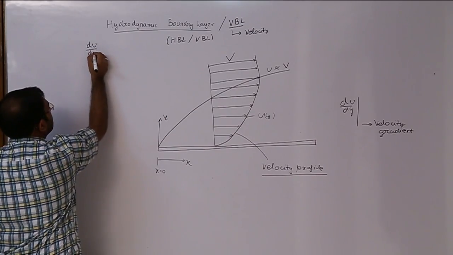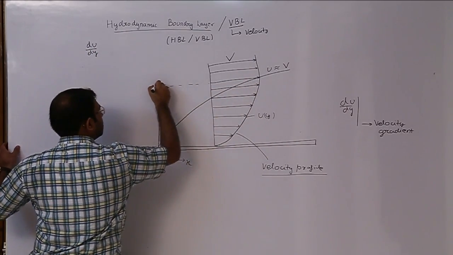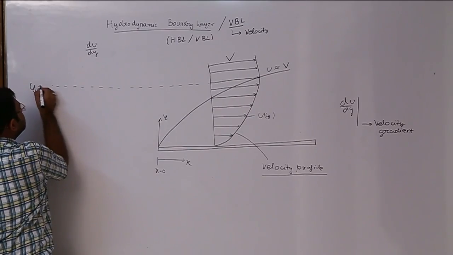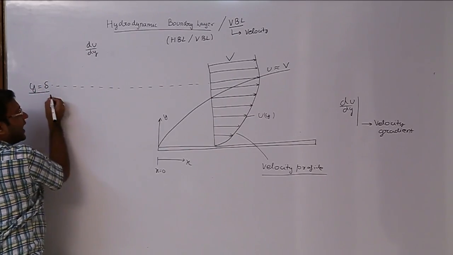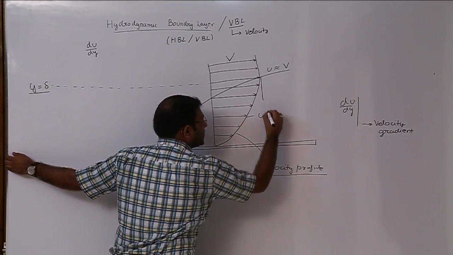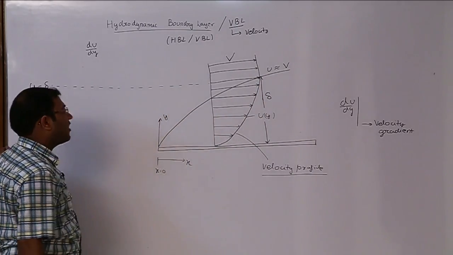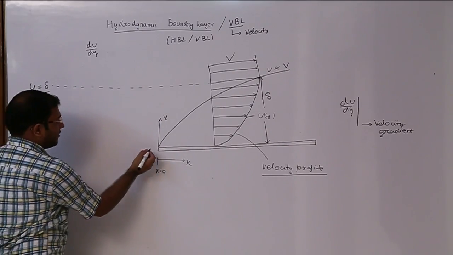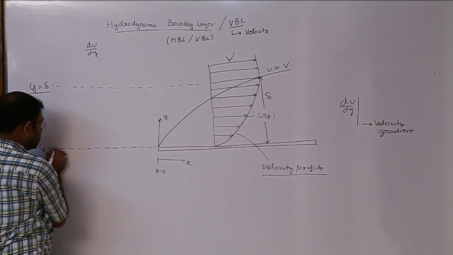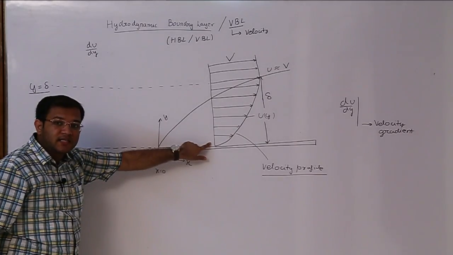Now see, we take one point where y equals delta, and delta is nothing but the boundary layer thickness. And we take another level, y equals 0, which means at the solid surface.